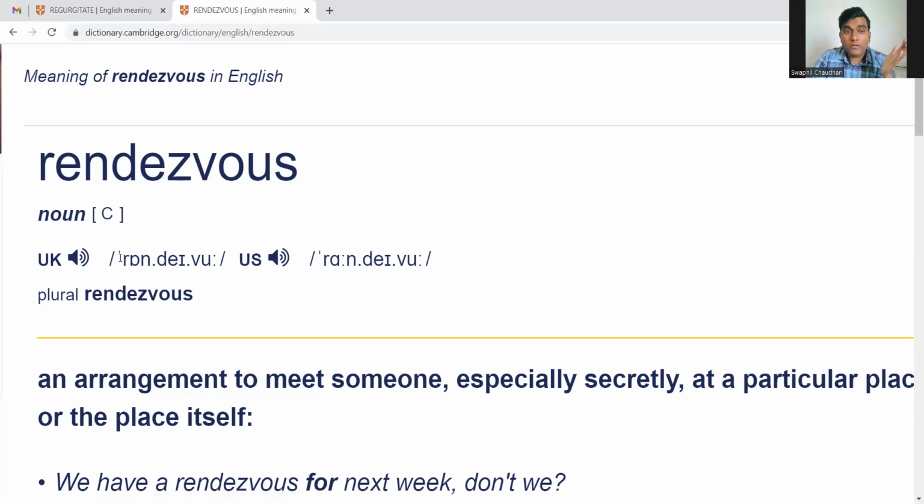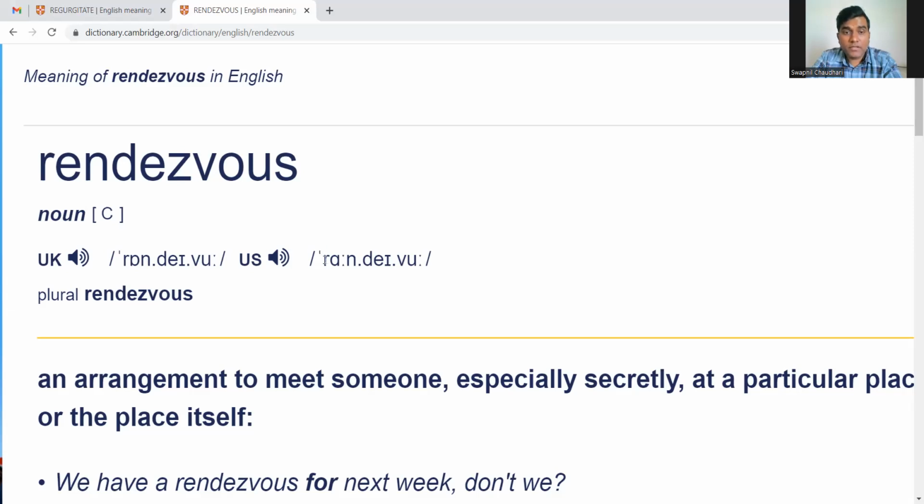Now we can understand with the help of this IPA script. Look at the apostrophe. The syllable right after this apostrophe takes the main stress. So that is my main stress: Ron. In British pronunciation it is rendezvous, and in American pronunciation it is rendezvous, but in both cases the stress is right after this apostrophe.